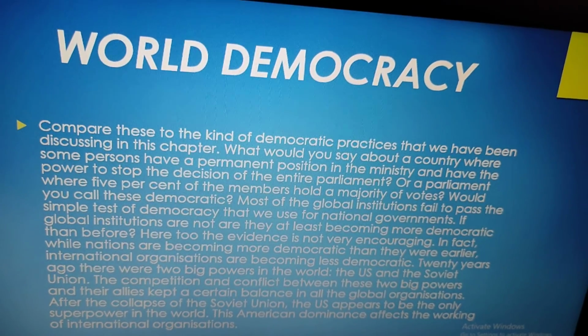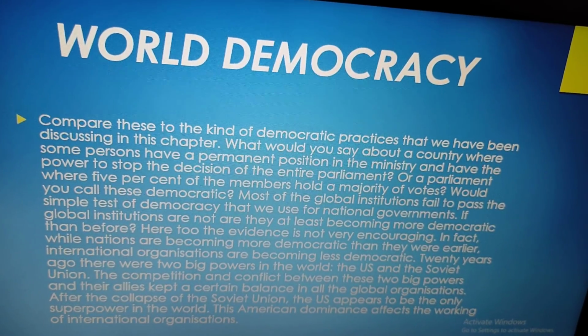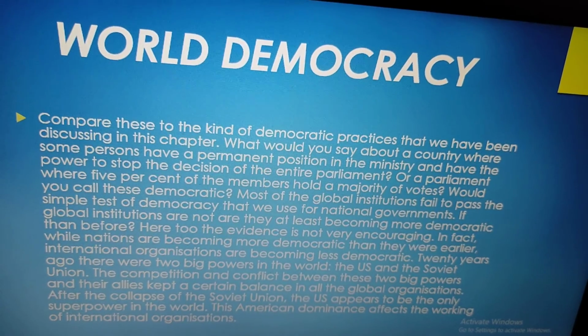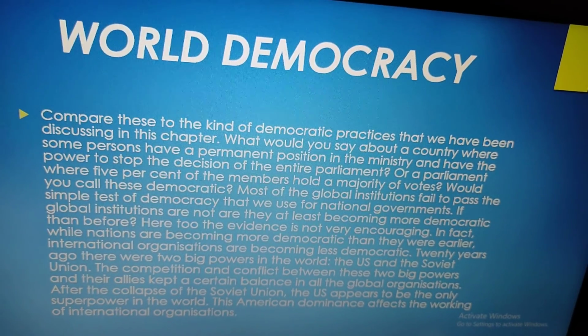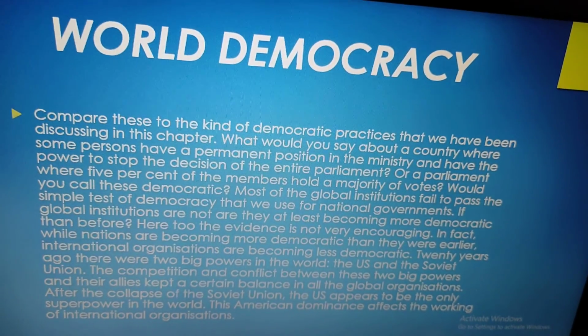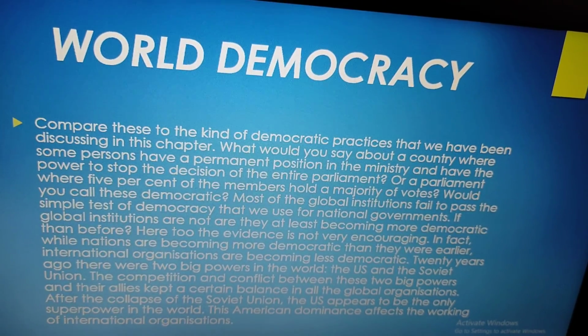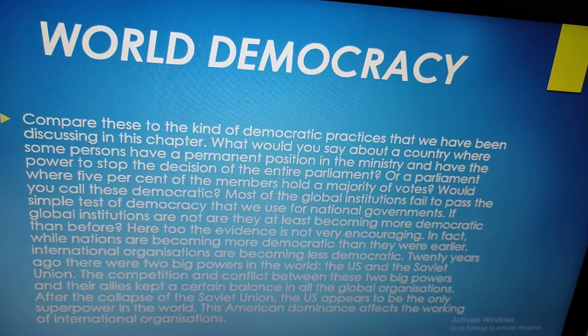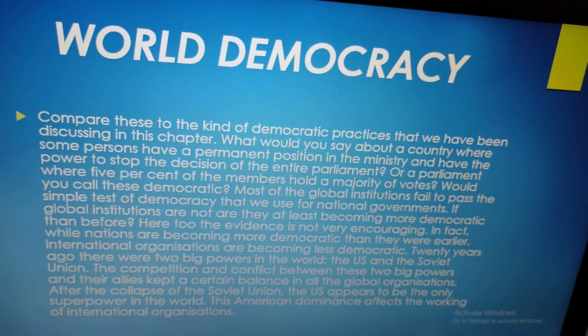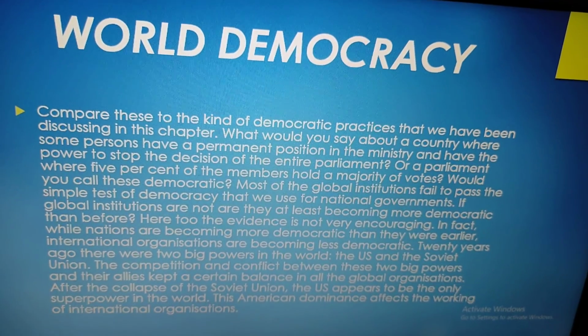The competition and conflict between these two big powers and their allies kept a certain balance in all the global organizations. After the collapse of the Soviet Union, the US appears to be the only superpower in the world. The American dominance affects the working of international organizations.